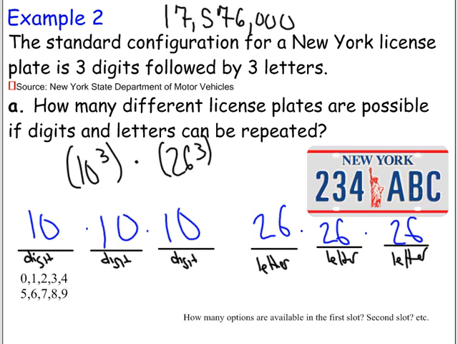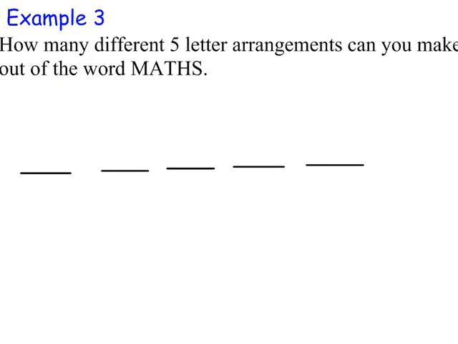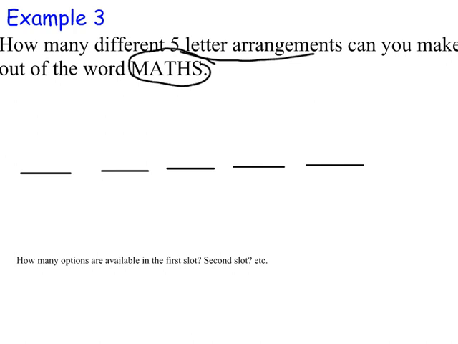All right, so example 3. How many different 5-letter arrangements can you make out of the word maths? Again, I got 5 slots because I'm going to make 5-letter arrangements. Ask yourself, how many options are available in the first slot, second slot, etc.? Well, initially, I'm going to have 5 letters available.